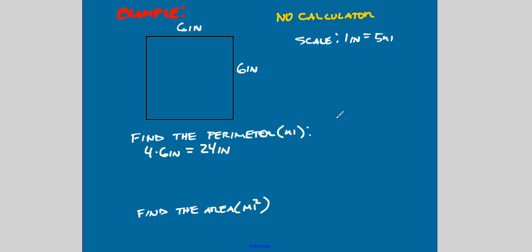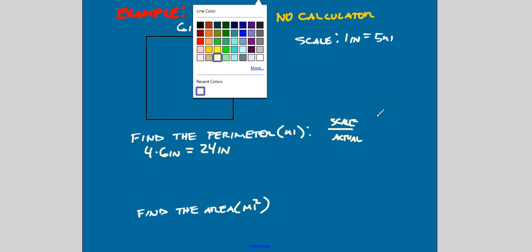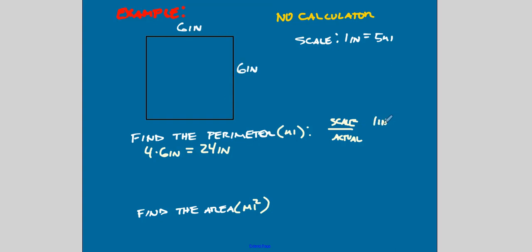Okay, so we can set up a proportion, scale to actual. Actually, let's put the scale first. So I have 1 inch is to 5 miles as 24 inches is to P. We'll call P for perimeter, the actual.